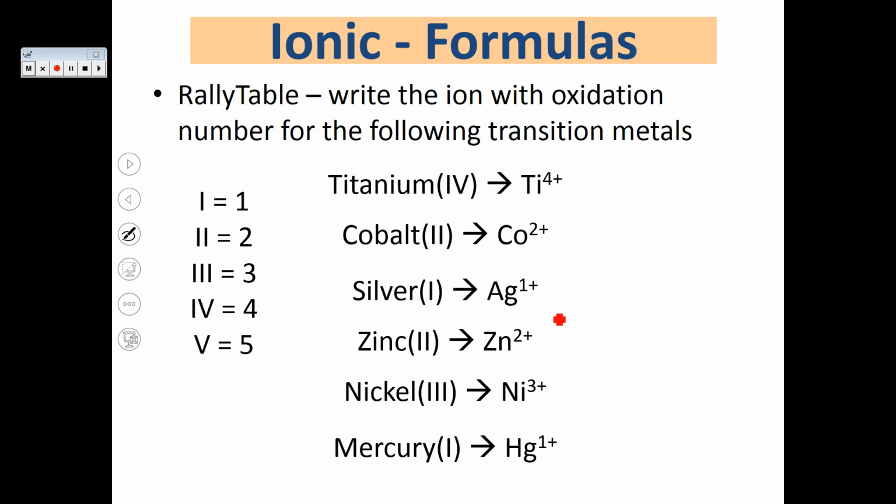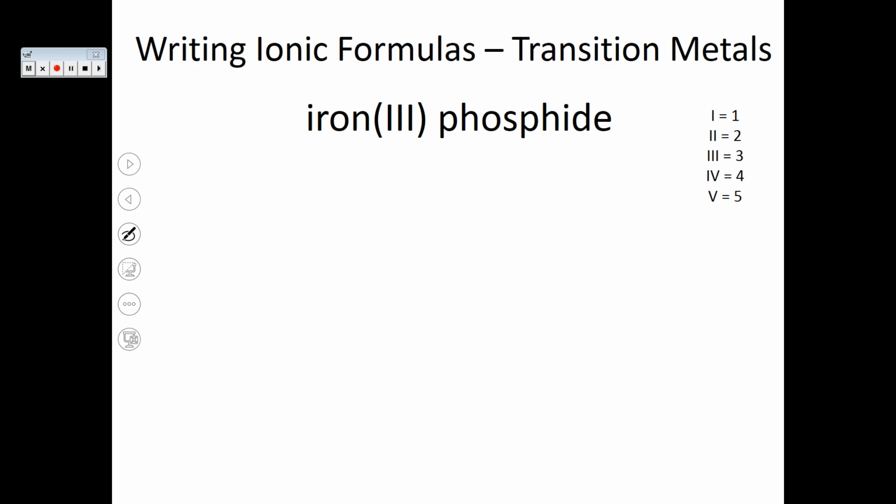And then after that, it's just a matter of writing the ion for the nonmetal and then dropping, swapping, and simplifying. So here we have iron 3 phosphide. The iron has an oxidation number of +3. If you go to the periodic table, you will not see an easy bold oxidation number written above iron because it comes from that Roman numeral.